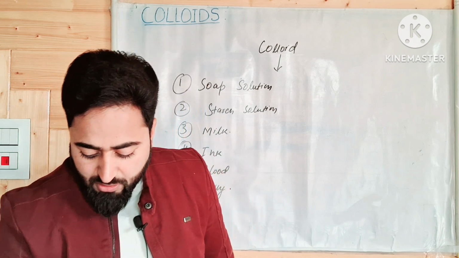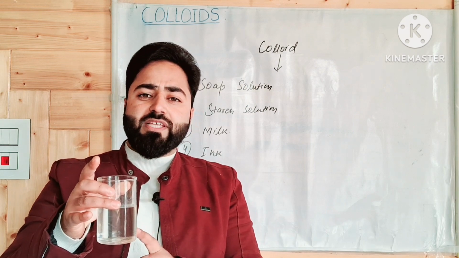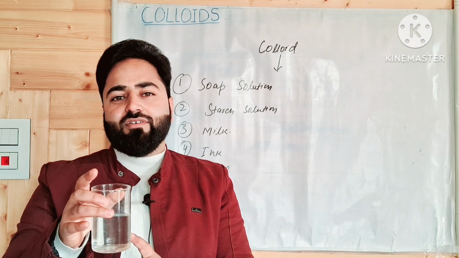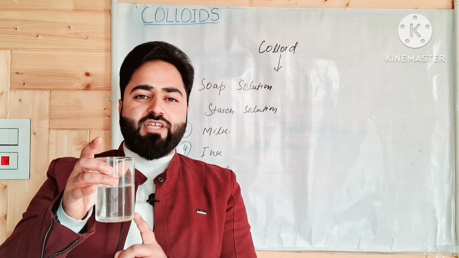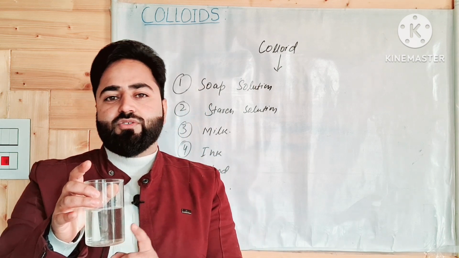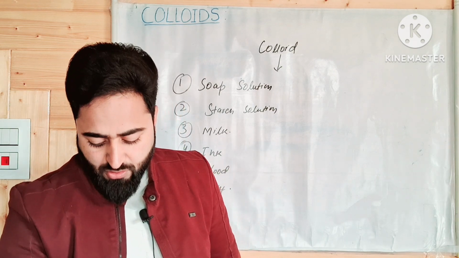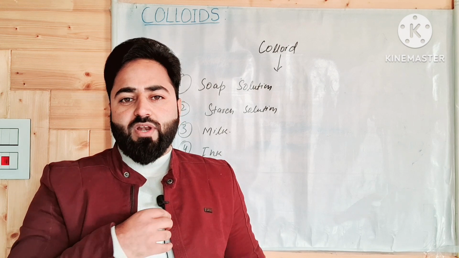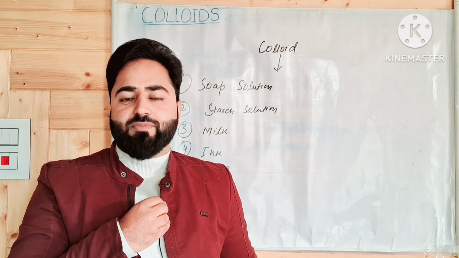And we will also check whether a mixture of salt and water scatters a light or not. If it does not scatter a beam of light, then we can conclude that this solution is a true solution. For this experiment, we need to go in a dark room. So let us go to the dark room and check for the light scattering experiment.